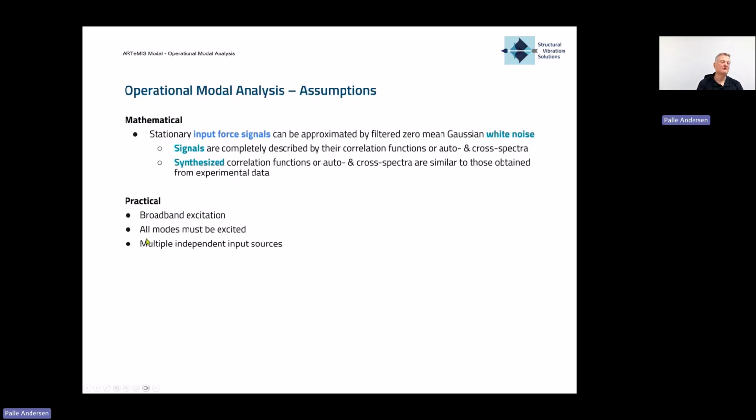If it's a large structure, there might not be much you can do about it except accepting that the high frequency modes might not be so well represented. The good thing is that normally it's easier to actually estimate high frequency modes because you have much more information because of the high frequency content than for the low frequency modes. So a kind of compensation happens there.